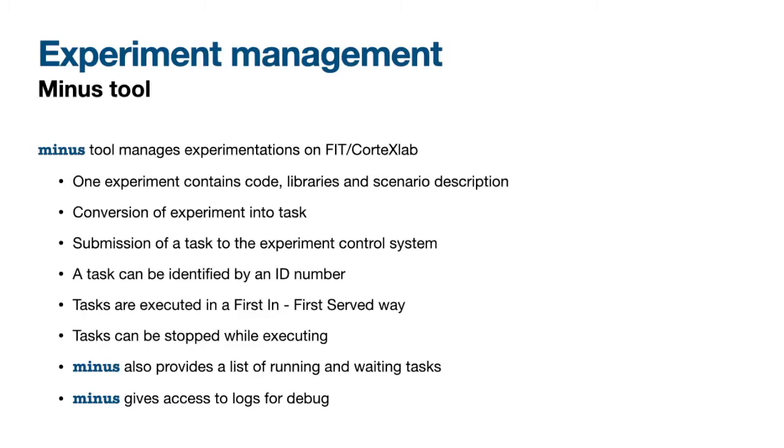Inside of your reservation, tasks are executed first in, first served, so in the order that they are submitted. Tasks can be stopped at any moment, can be interrupted, can be aborted. Minus also provides a way to list all of the running and waiting tasks and give access to the logs and debug for each one of the nodes and for the experiment control system.